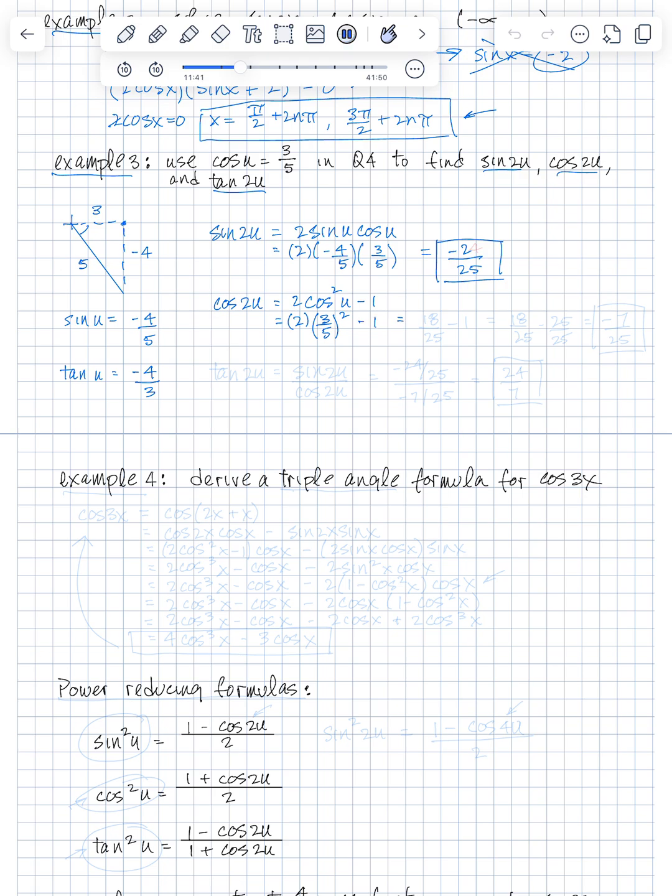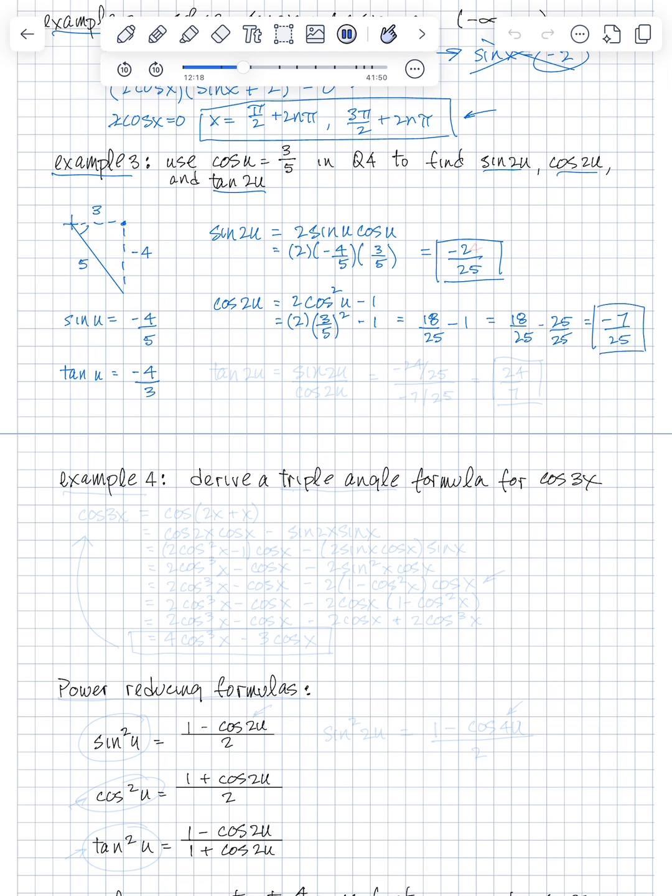So this is 2 times 3 times 3. This is 18 over 5 squared is 25 minus 1. So this is 18 25ths minus 25 25ths equals a negative 7 25ths.